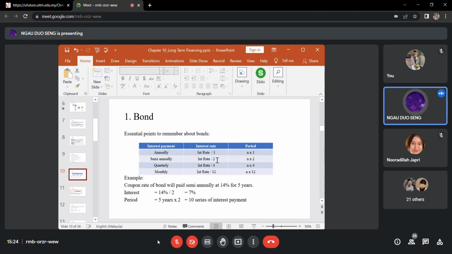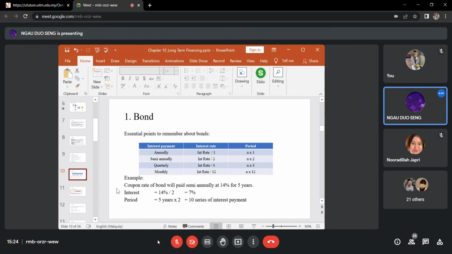Interest rate bahagi dengan 2, period kita darab dengan 2. Kalau quarterly adalah 4, so kita interest rate kita bahagi 4 and kita darab dengan 4. Monthly will be 12, we divide by 12 and kita darab 12. So you just remember interest rate kita kena bahagi, period kita kena darab.